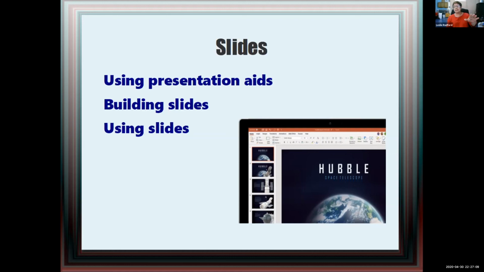So these are meant to be reminders. They're meant to be guides to concepts, but never put a slide out there that is what you're saying anyway. So be careful of that. Something to watch out for.